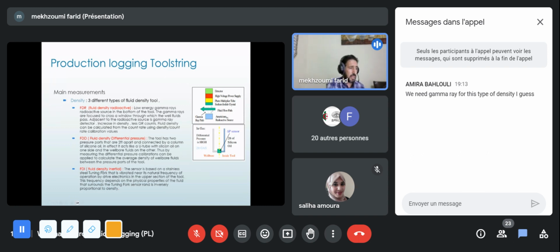And we also have another type, which is fork density, or what we call the vibration type. Here you have a fork, and it vibrates. Of course, it depends on the type of fluid between those. You have this sound, the vibration, the frequency.